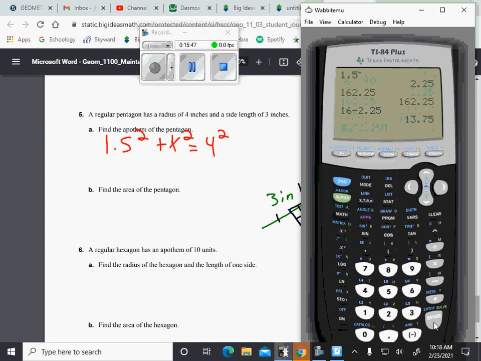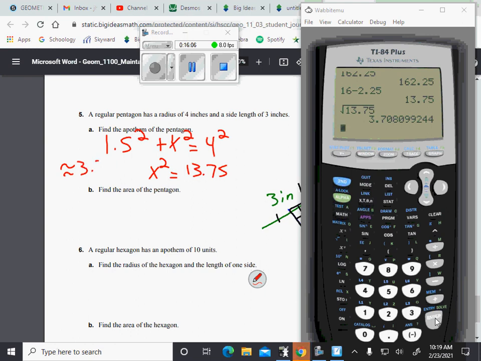My 13.75 equals x squared. Solve for x, I have to take the square root. And I get 3.7. So the apothem is about 3.7 inches.